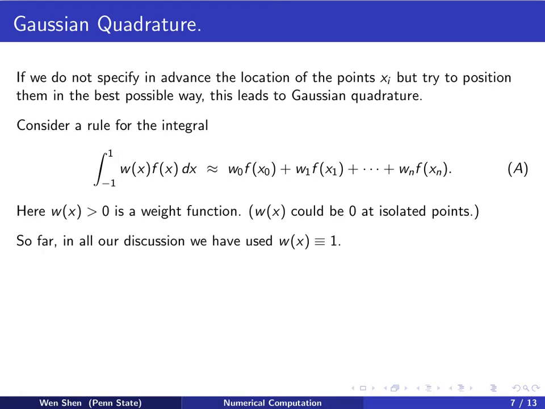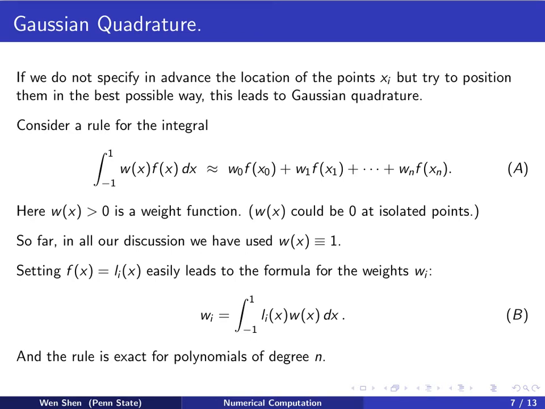So far in all our previous discussions, we have used w(x) equal to the constant 1, so we were simply integrating a function f. But in many applications, one would encounter an integral of this form where w is a positive function.